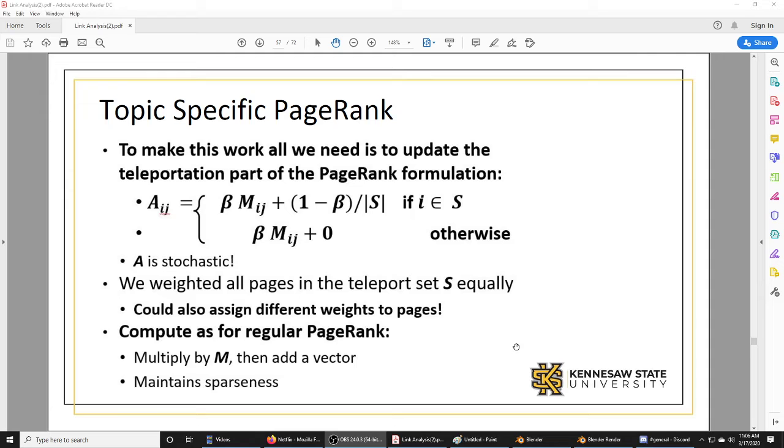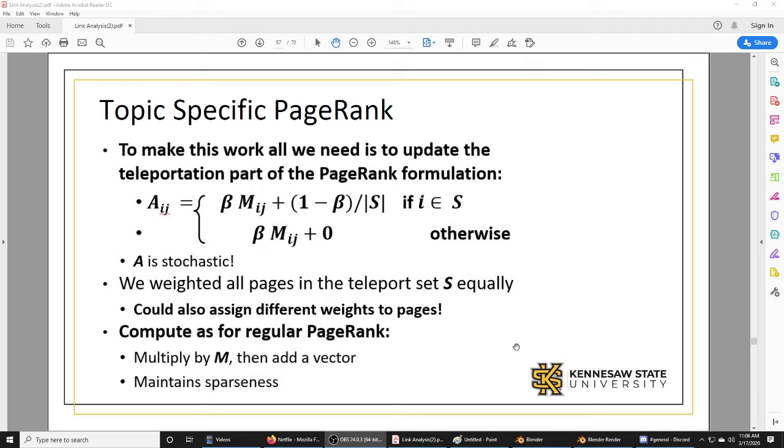Our set now limits, and if it's not in the set, then the rank is beta M_ij plus 0. So A stays stochastic. Basically, it doesn't give any of the pages that are not inside this category specific set a random teleportation probability. So you're not going to randomly teleport from a page inside the set to a page outside of the set. And A stays stochastic this way.